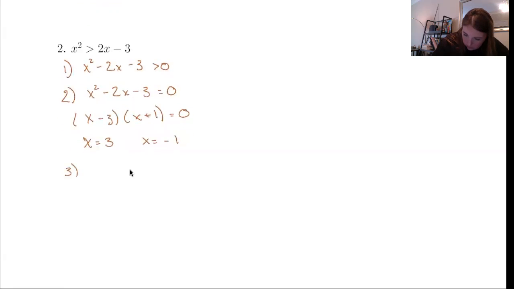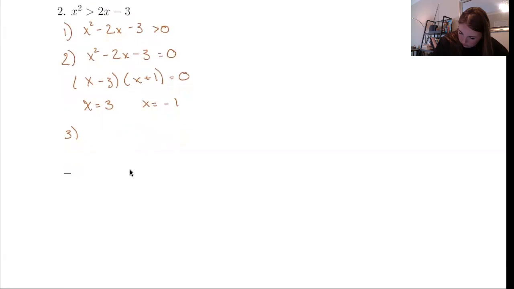So step 3, we're going to draw our number line. So -1, 2, 3, and 3. We can also keep doing our dashes if we wanted to. There we go.